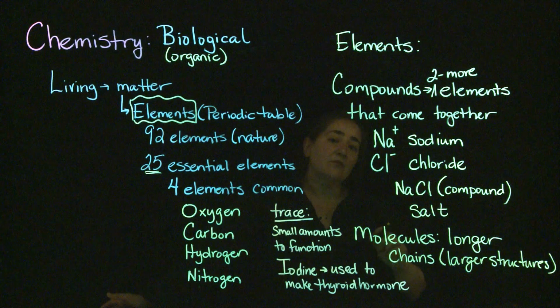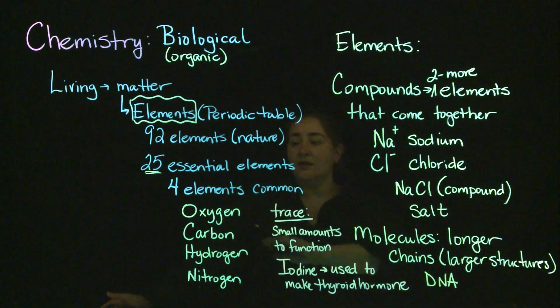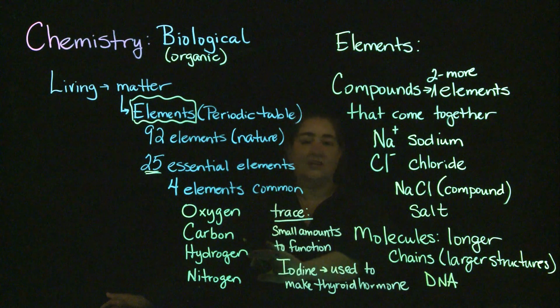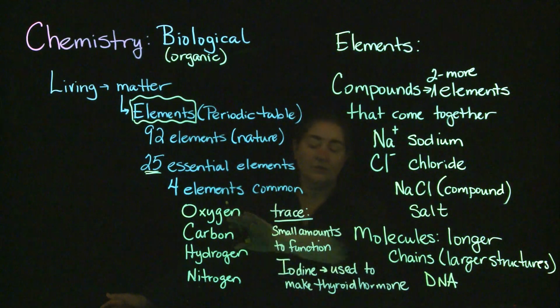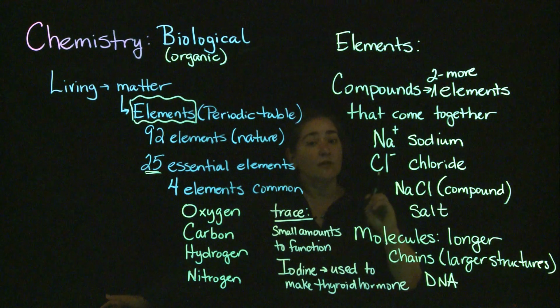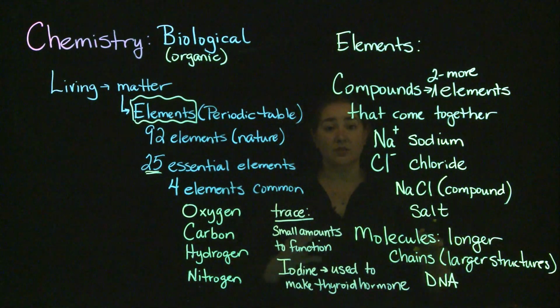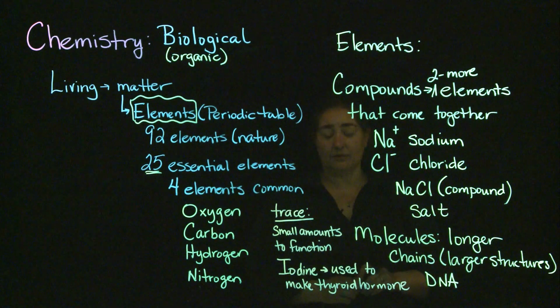An example of a molecule that we'll talk about this semester, deoxyribonucleic acid. DNA is a molecule. It's made up of carbon, hydrogen, nitrogen, oxygen, okay? Oddly enough, those four that I want you to know. It's also got some phosphate associated with it, okay? But in terms of that, when you take multiple elements together and build them into larger structures, when they become larger structures, they become molecules, okay?